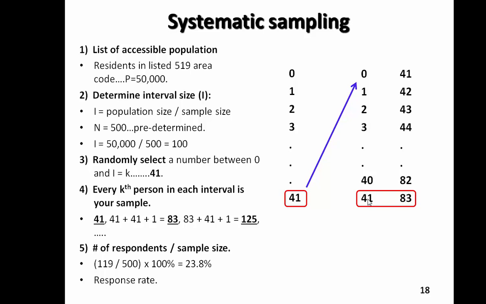So the count starts all over again in terms of finding the next 41st person, but 41 is not added to that numerical count because it would be equivalent to 0 in this situation.